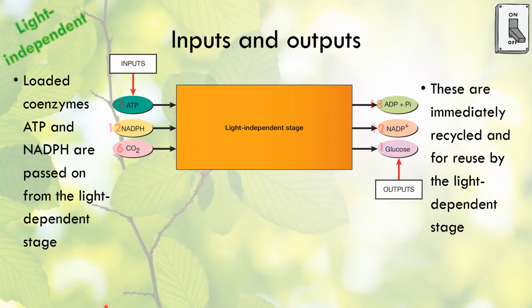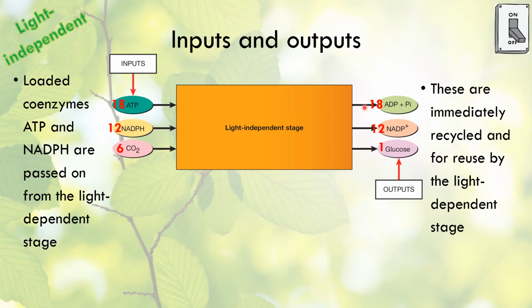Again, with the numbers, just to show you what's happening, our 18 ATP that came from our light dependent stage, our 12 NADPH, and we've got 6 carbon dioxide molecules.